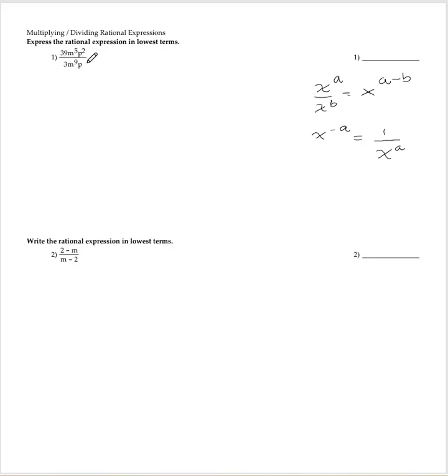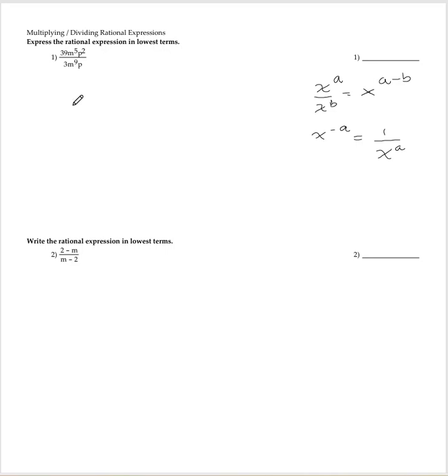Now, we have to simplify 39m to the 5th p squared over 3m to the 9p. I want you to understand that in this case, the numerator and the denominator are both monomials. So we can just simplify the numerical factors and later the corresponding variables.